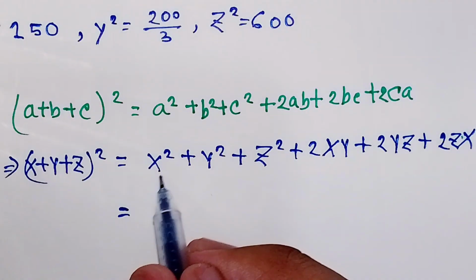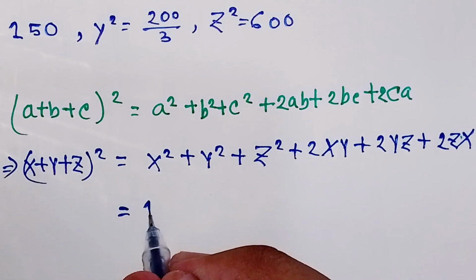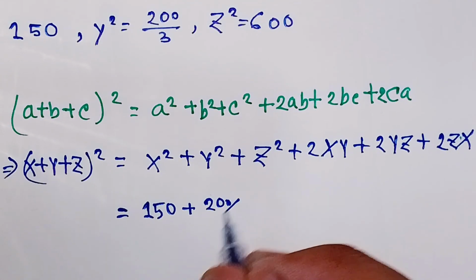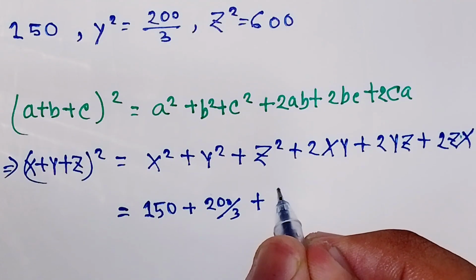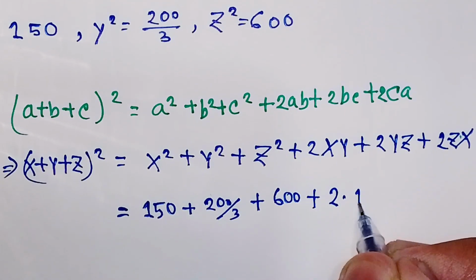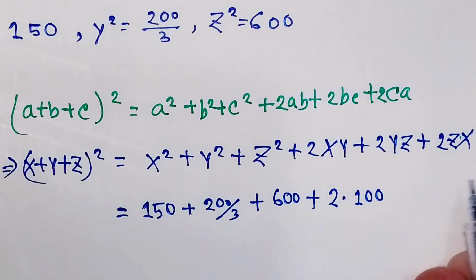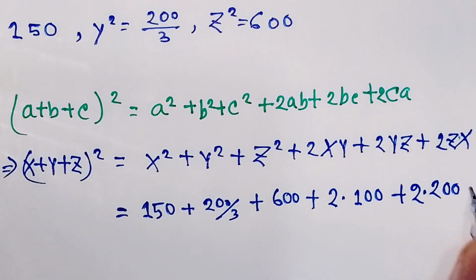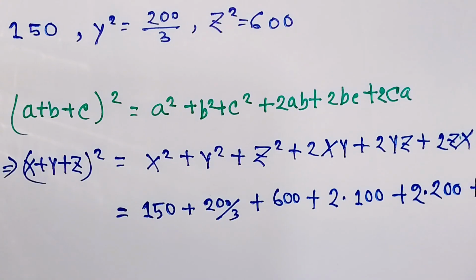After this we know this x square value is 150, y square value is 200 divided by 3, z square's value is 600, and 2 times xy equals 100 times 2, 2 times yz equals 200 times 2, and 2 times zx equals 300 times 2.